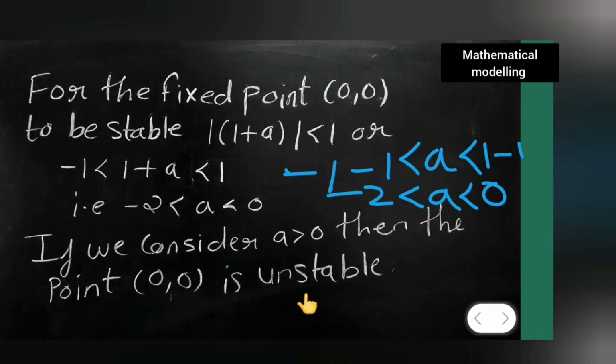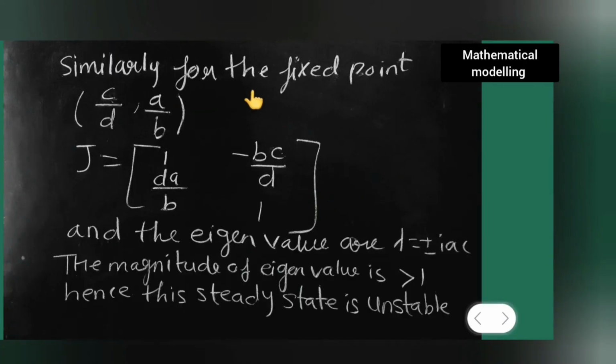Okay, then similarly for the fixed point C upon D and A upon B, J is equal to what?